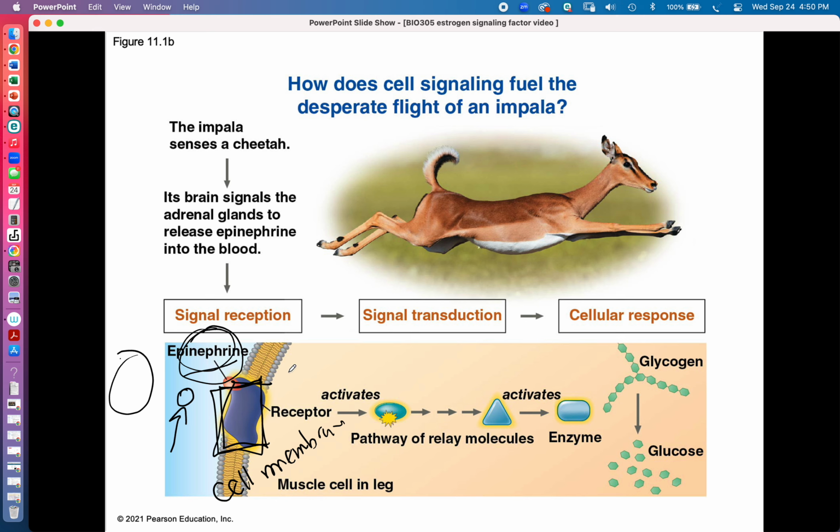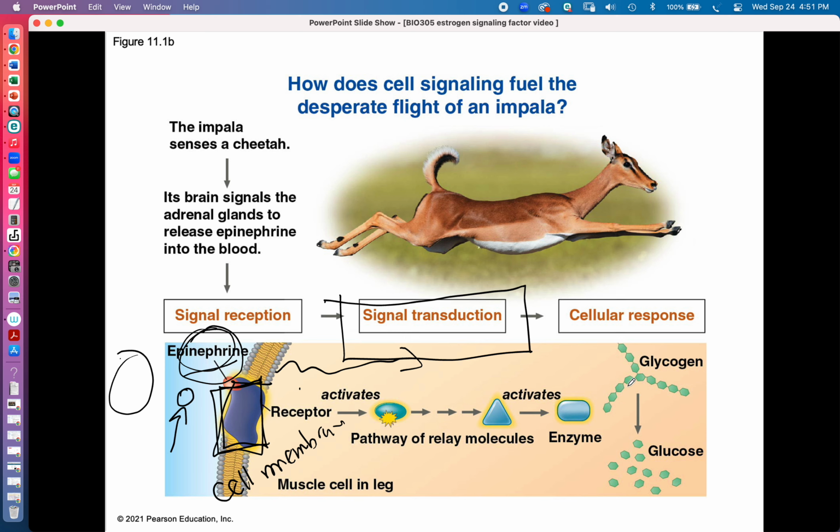And it needs to communicate the signal into the cell, and it does that through a biochemical pathway within the target cell called signal transduction. The ligand binds to a receptor, in this case in the cell membrane, and its presence is communicated into the cell by signal transduction. This just shows the cellular response.